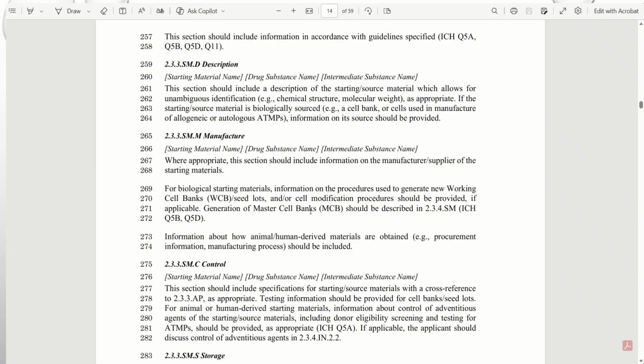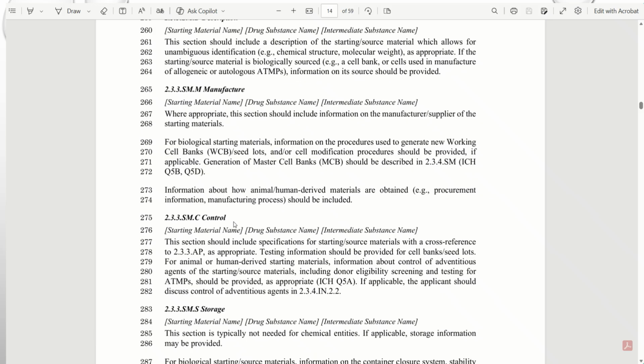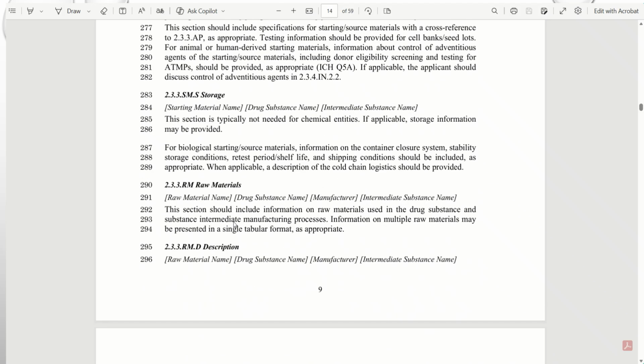Generation of master cell banks should be described in the 234 starting material. Yeah, so 234 starting materials. Let's have a look at that.